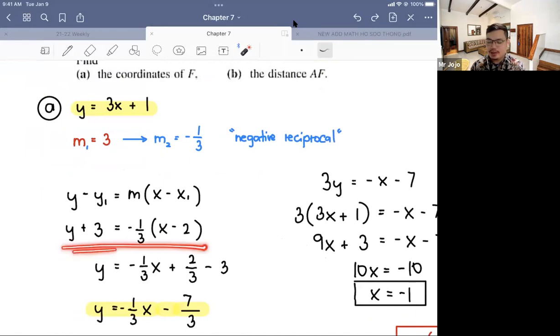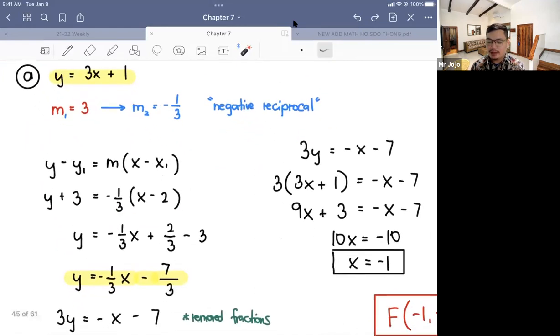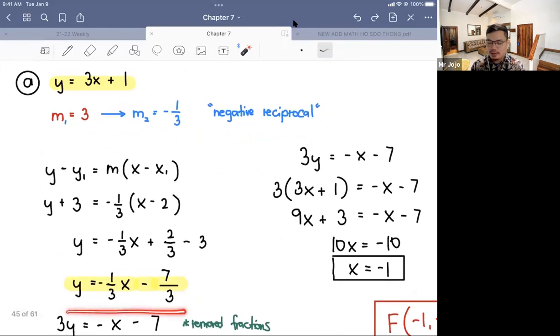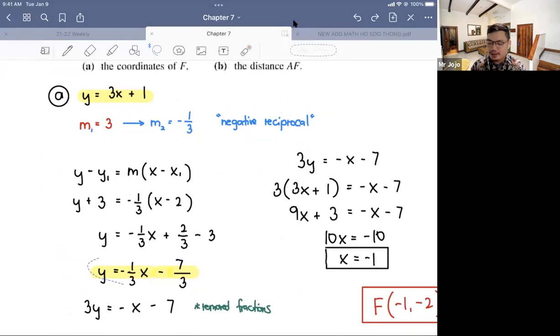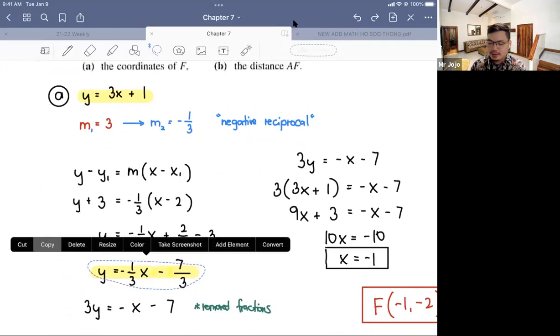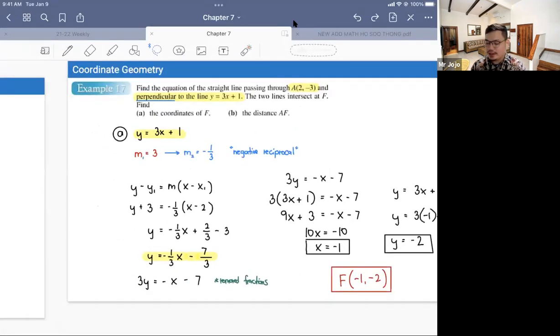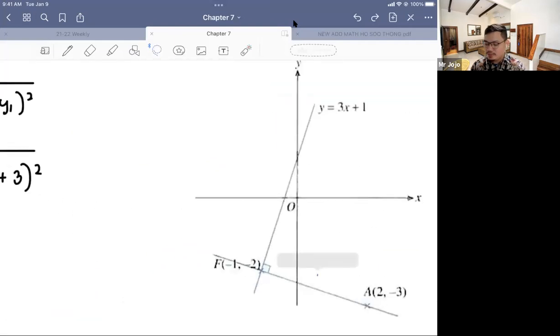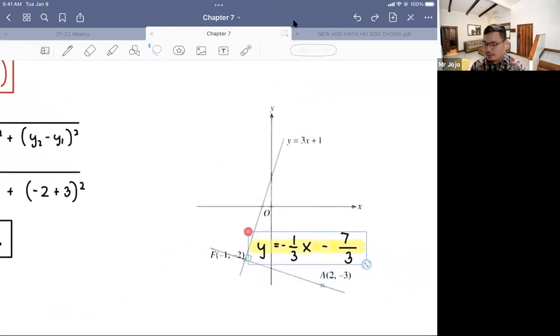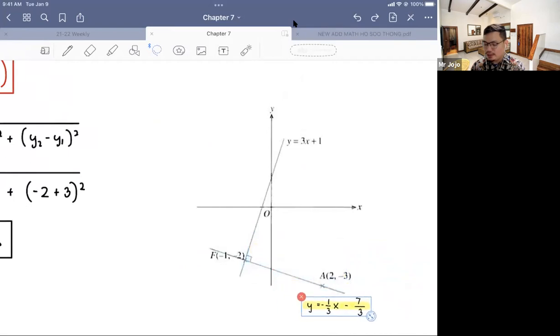So just simplify this, remove all brackets, and then you'll get y equals negative 1/3 x minus 7 over 3. All right? Okay. So that's your answer. That's the equation of the second line.